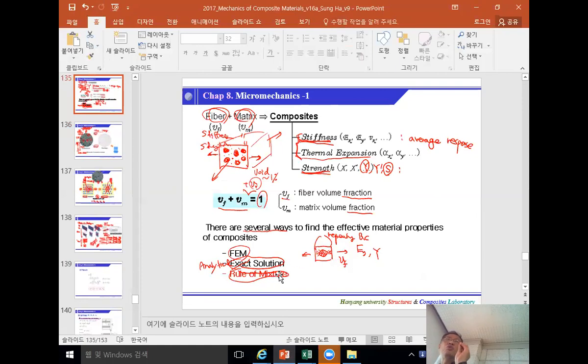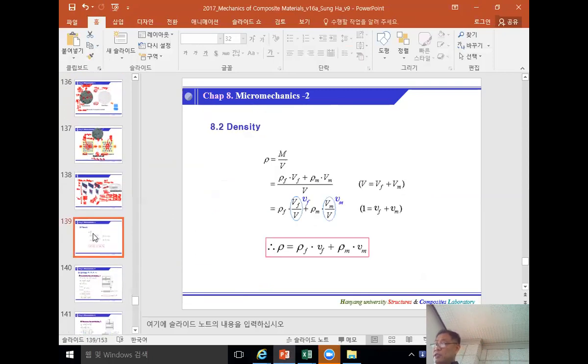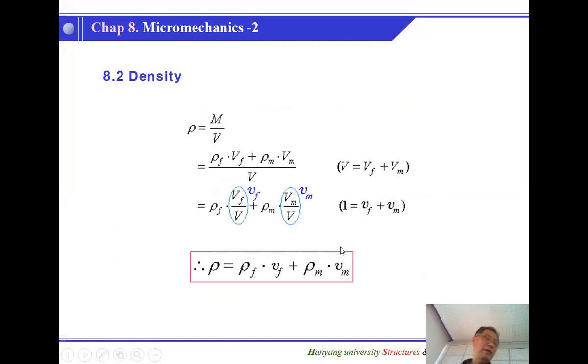What is the rule of mixtures? Well, mixture means a mixture of fiber and resin, and there are certain simple rules. So this is very easy to follow, easy to program, and accurate enough to be used as a design tool. Okay, so not only stiffness, there will be density. I will start with the density, and let's have a 10-minute break.